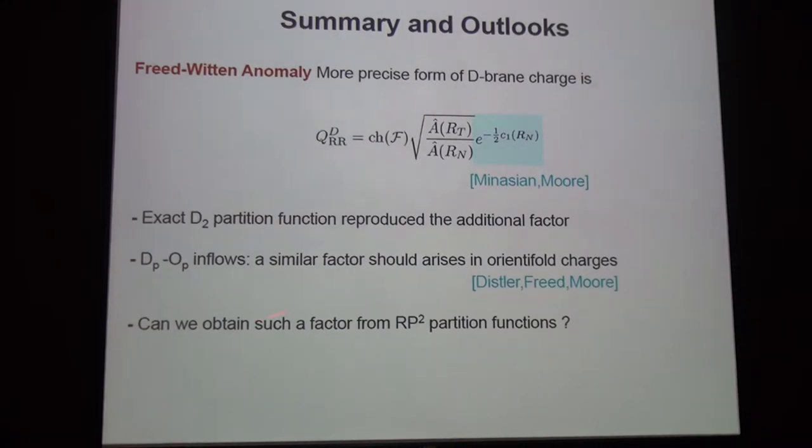Using this anomaly inflow, we can easily see that we need a similar term even in the Ramond-Ramond charge of the orientifold plane. There are some papers by Freed and Moore which address these questions, but nothing is clear at the moment. So it would be very nice if this exact RP2 partition function says something about this sort of term in the orientifold plane charges.